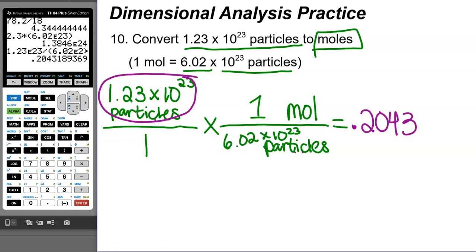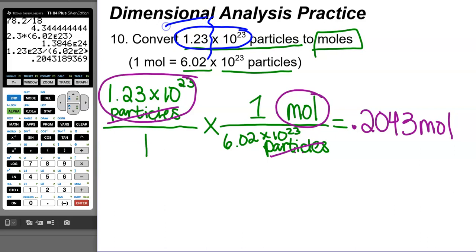And let's figure out our final units. Particles on top and on bottom, so they're going to cancel out. And then we're left with moles. So I'll put my unit mole. And then let's look, last but not least, at our significant figures. So our given value, 1.23 times 10 to the 23rd, remember we're only looking at this first part over here for significant figures, so 1.23 has 3 significant figures.